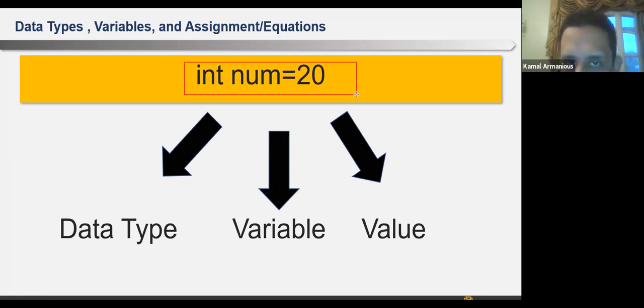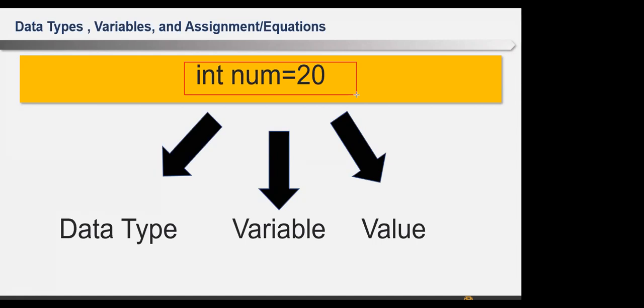Can anybody tell me what will happen? The compiler will do what? The compiler will take a memory slot. Yes, like create the variable num, exactly.